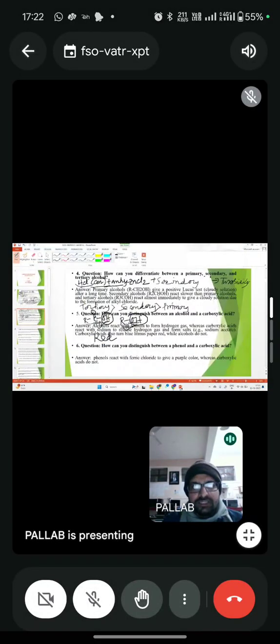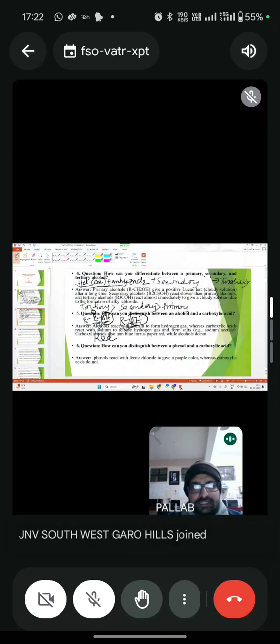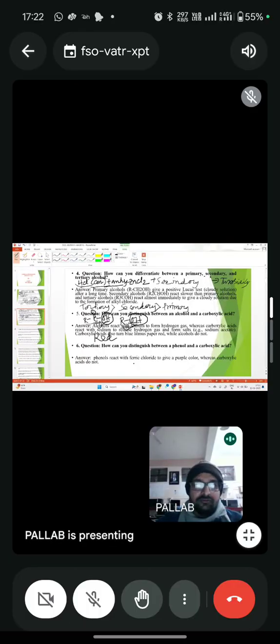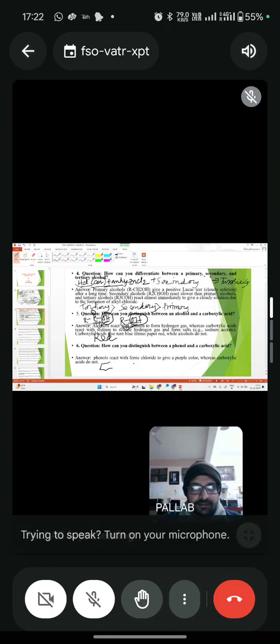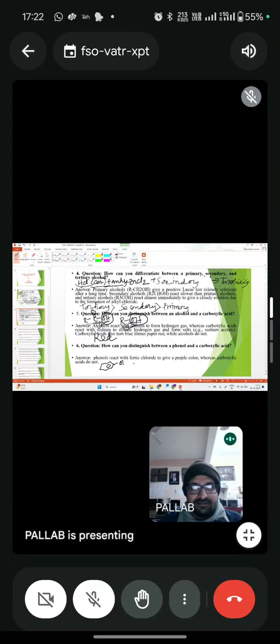Let's move to the next question, which is very interesting: how can you distinguish between a phenol and a carboxylic acid? We all know that phenol is also acidic, and carboxylic acid is also acidic.